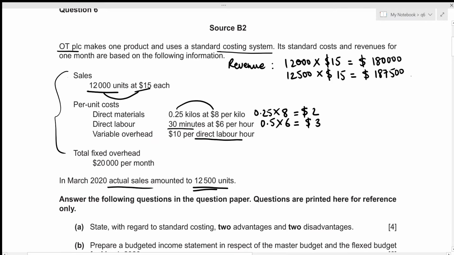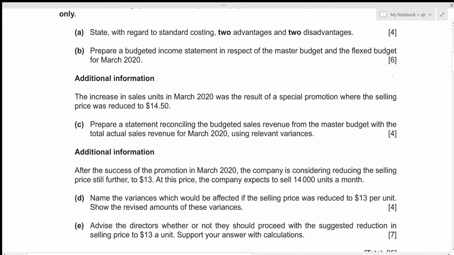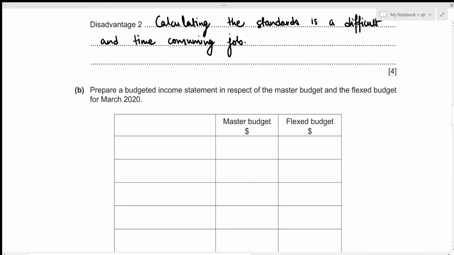Let's write these two values in our income statement. So we'll start with revenue. And we figured it out to be 180,000 for master budget and 187,500 for flex budget. So now we just need to subtract all of our costs and overheads. So the very first cost would be that of direct materials.